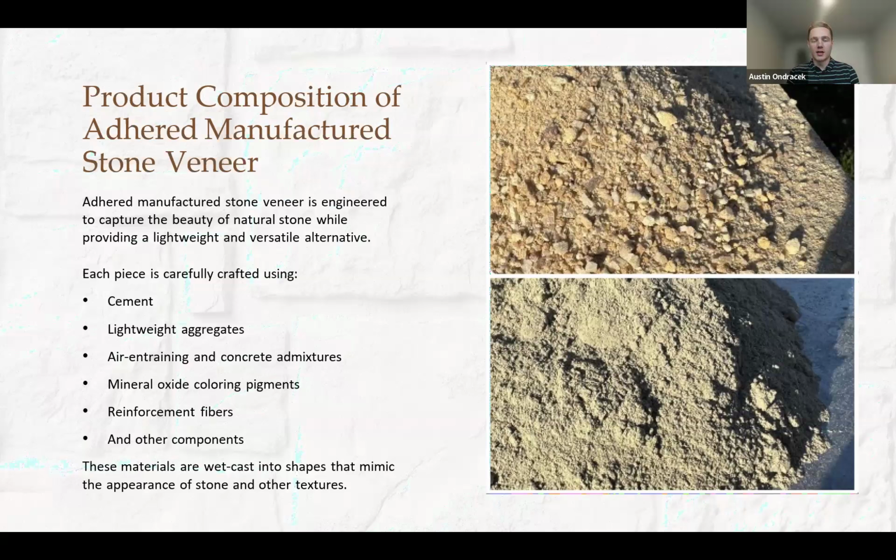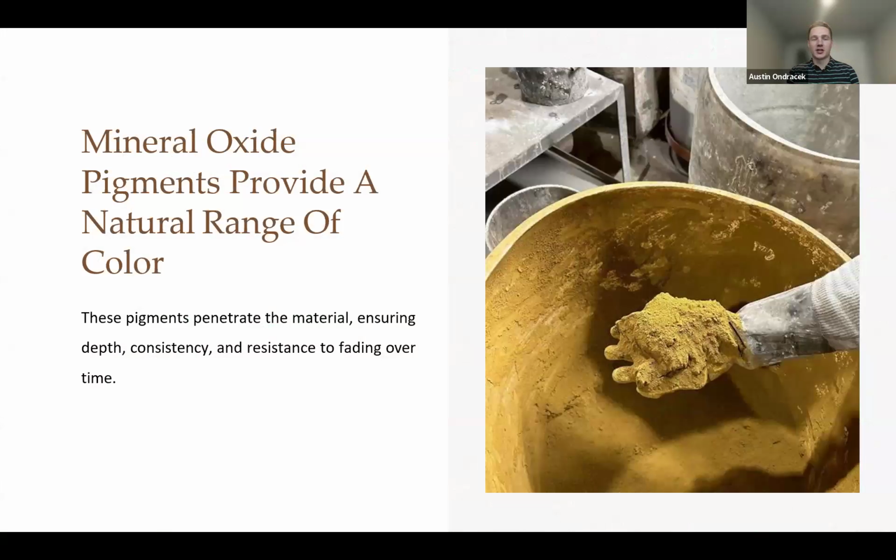But it's all done to mimic natural stone, whether it's its texture, its look, its length, its depth, its finish, all of the different things that go into it. Natural stone is taken as its byproduct. And so when talking about the mineral oxide pigments, how that goes in, you can see the photo on the right.